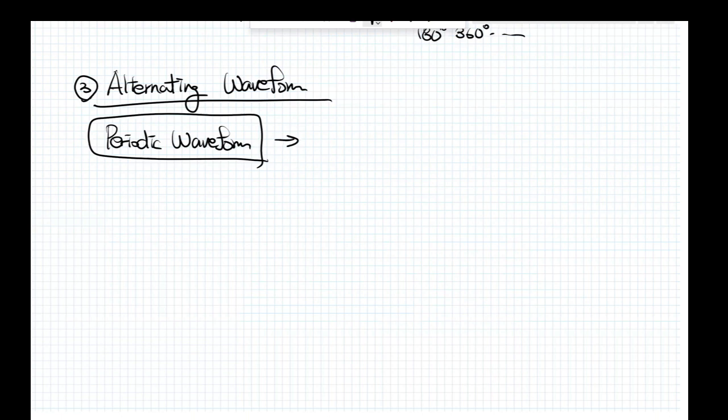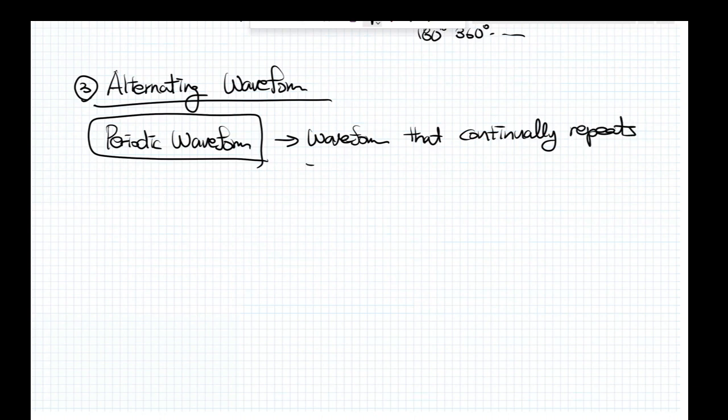That is the waveform that continually repeats itself after the same time interval.